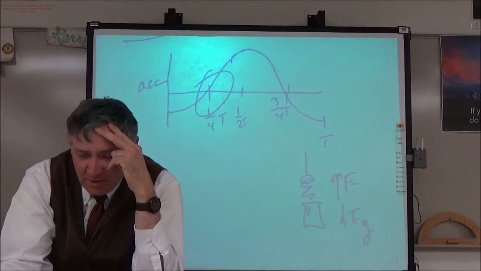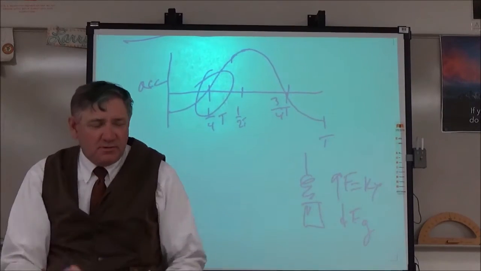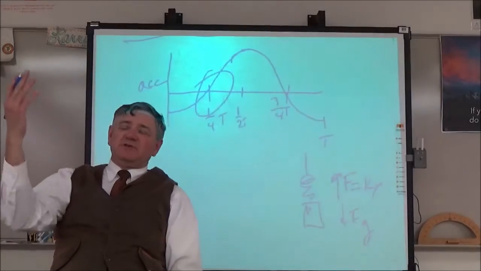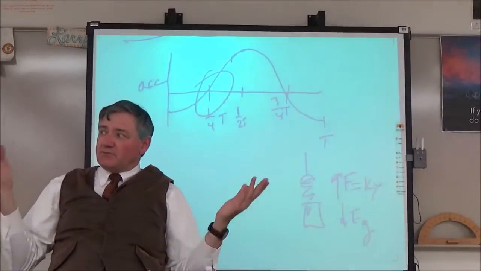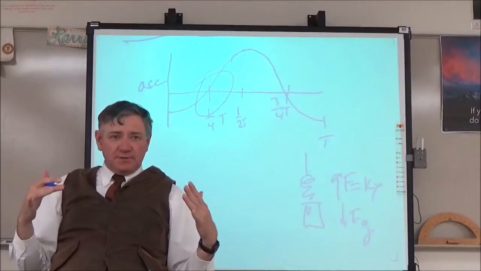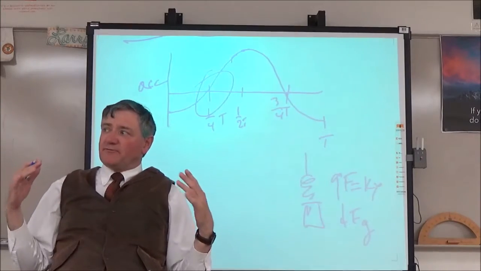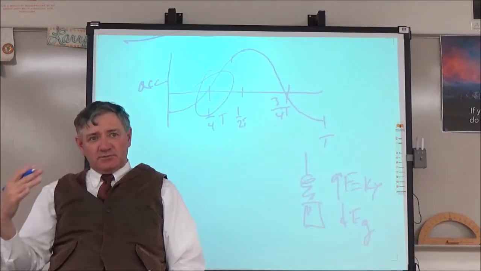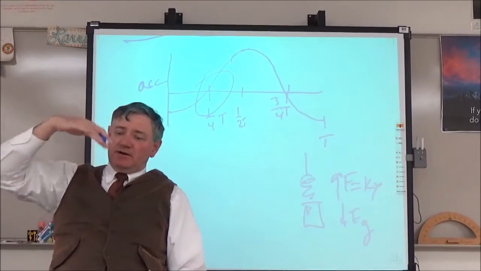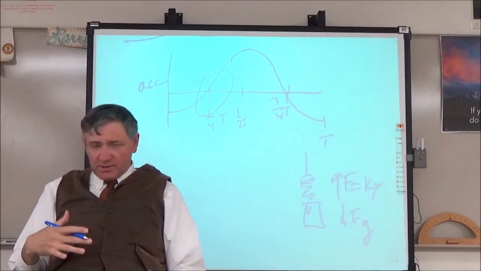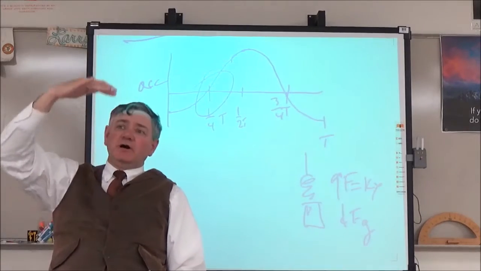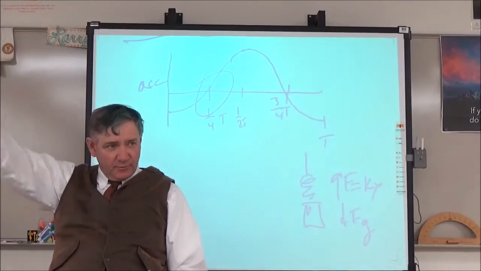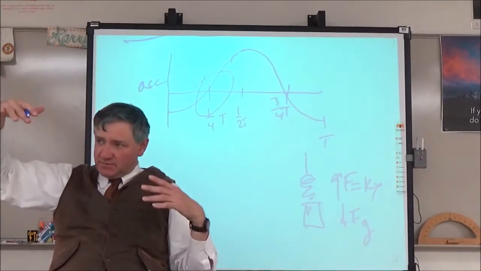Because it's a 1.5 kilogram mass, that's 14.7 newtons. At that equilibrium point, I'm not saying that there aren't forces acting on the system. I'm just saying that all the forces add up to equal 0. So I've got a downward force of gravity of 14.7 newtons, and an upward force from the spring of 14.7. They balance each other out.